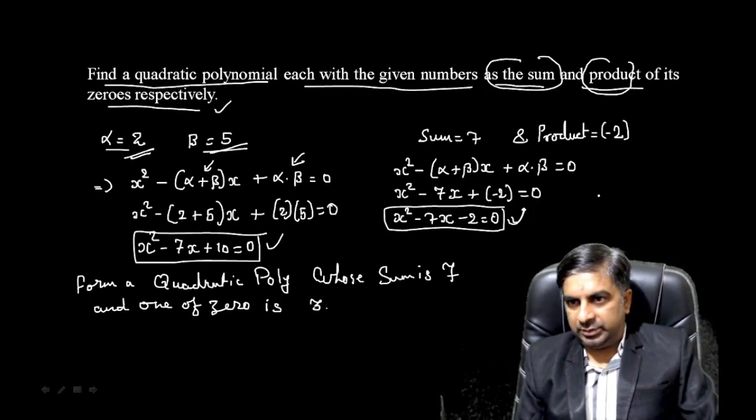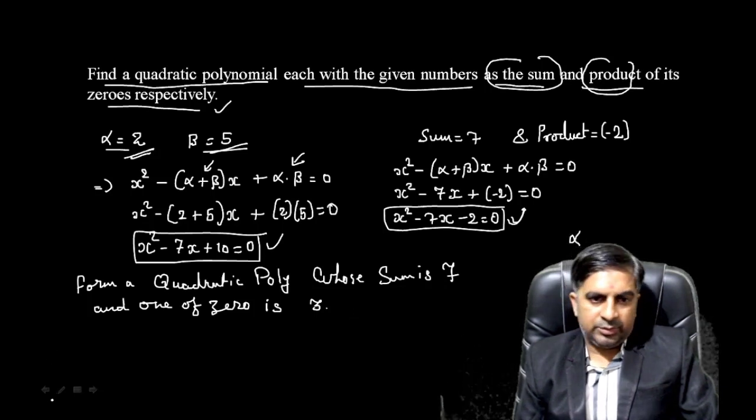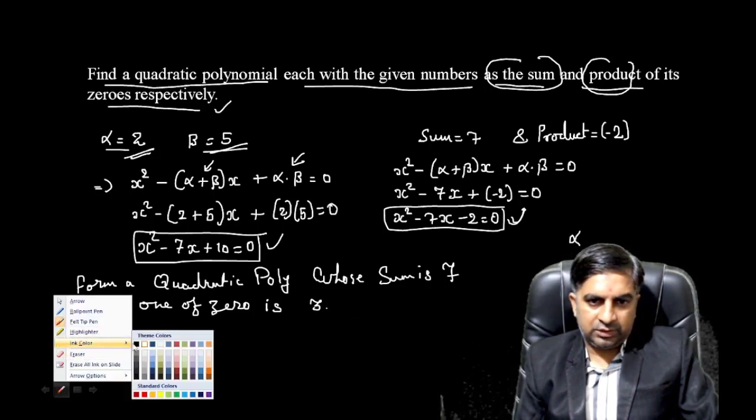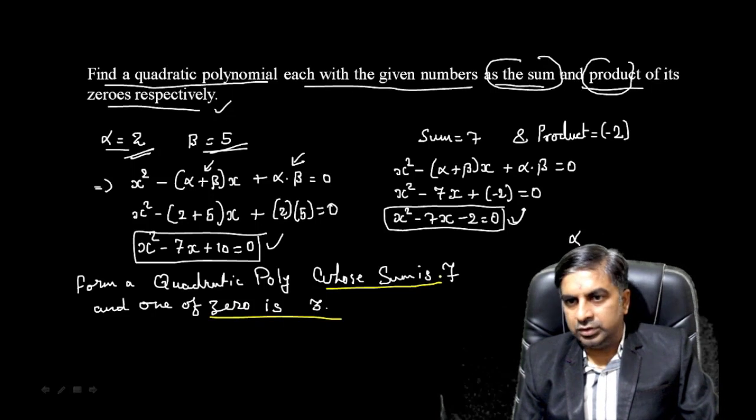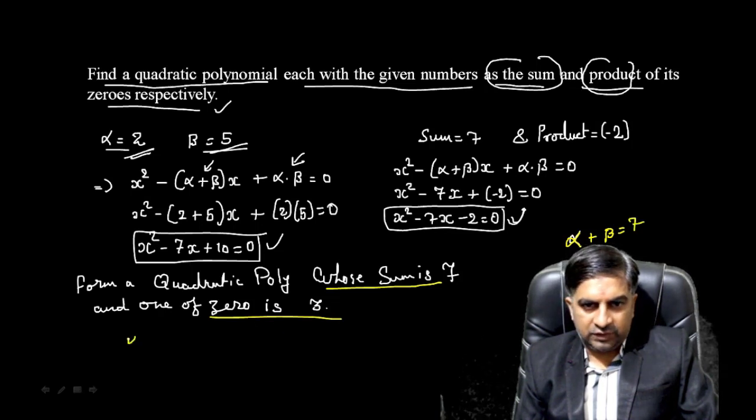What you can do, let me use another color so that you will understand. For this question, whose sum is 7 and one of the zeros is 3, we know that sum means alpha plus beta equals 7. Now they said one of the zeros is 3, so I take alpha as 3, so 3 plus beta is equal to 7.